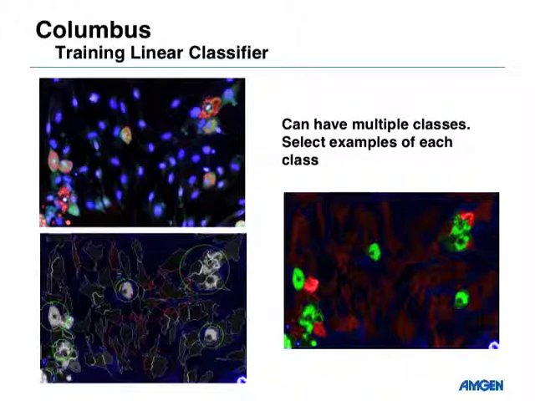Another thing that we've used is a linear classifier. I think we've moved away from this because it really comes down to user bias, where you go in and look at a population of cells and say, these are my positive cells and these are my negative cells. What this particular program, Columbus, can do is find all the different characteristics that make up that particular cell.